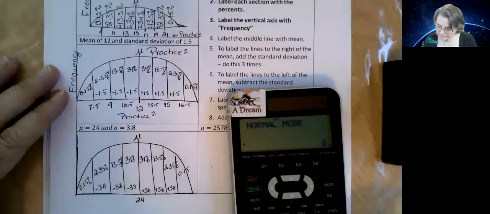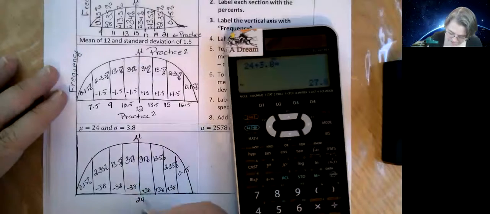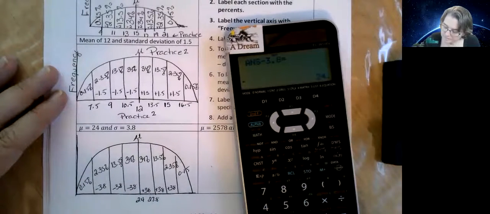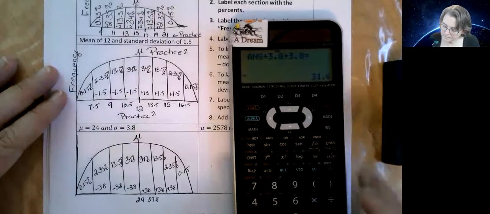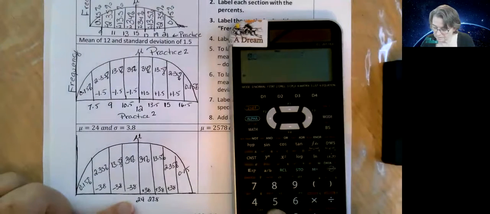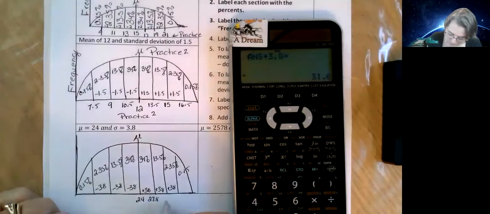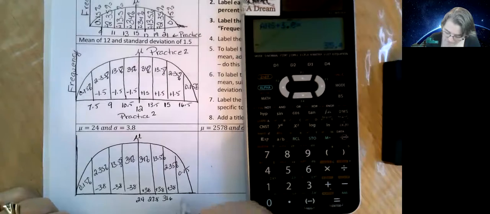All right. 24 plus 3.8, 27.8. Whoops. Okay, let's start over again. 24 plus 3.8, 27.8 plus 3.8, 31.6 plus 3.8, 34, nope, 35.4.